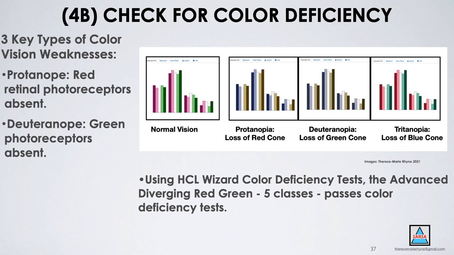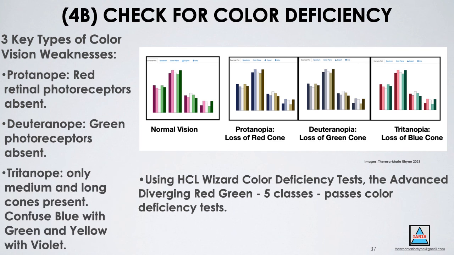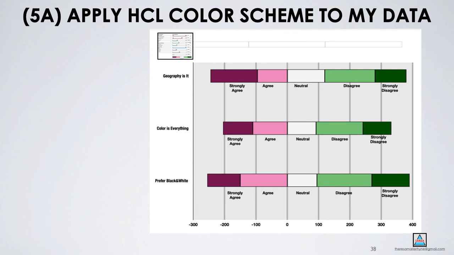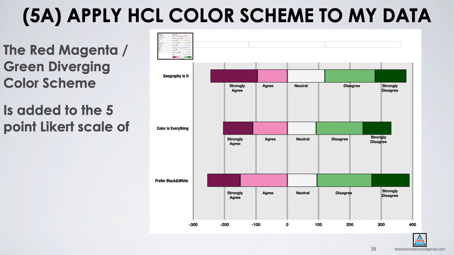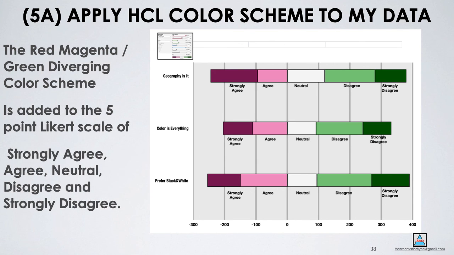But sure enough, it can pass the color deficiency test. And then I'm going to apply it to my data, my Likert scale. Looks a little similar, doesn't it? So we've got a red, magenta, and green diverging color scheme with the 5-point Likert scale: strongly agree, agree, neutral, disagree, and strongly disagree.